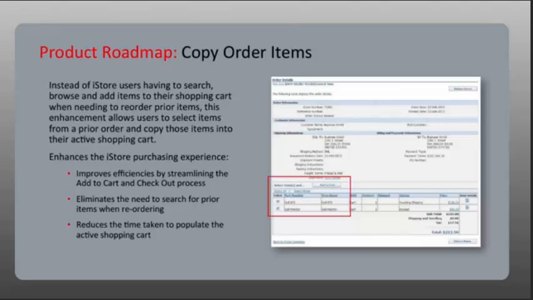Those items will copy from the order back into the shopping cart. So again, this is a time savings for our customers to be able to reorder items without having to browse the catalog or go into direct item entry. They can do it directly from an existing order.